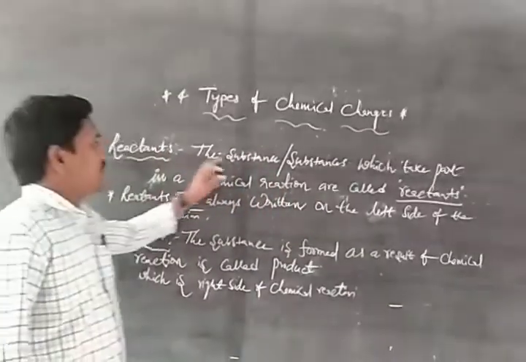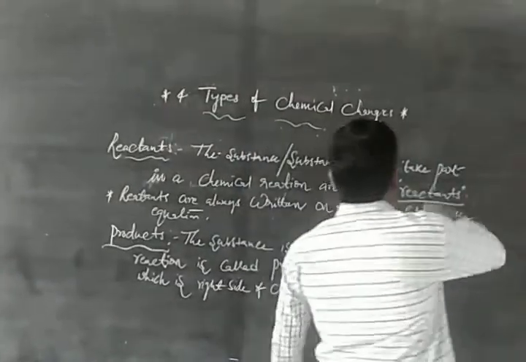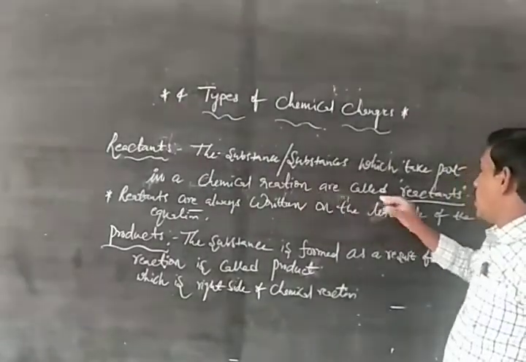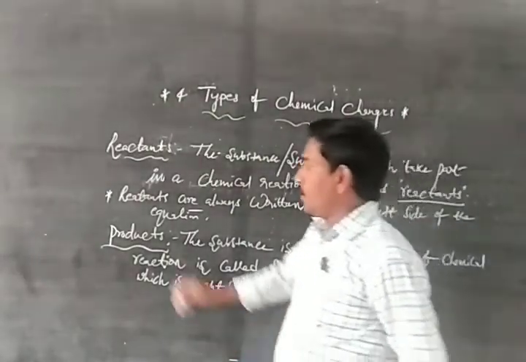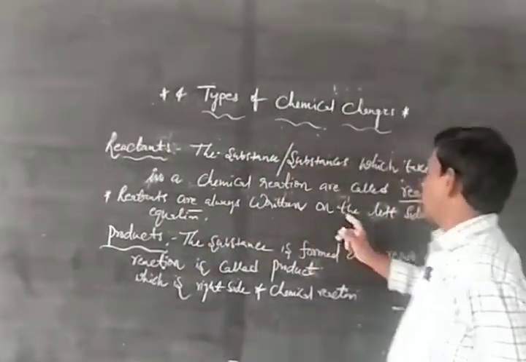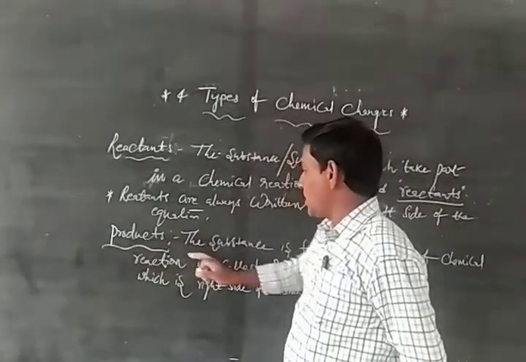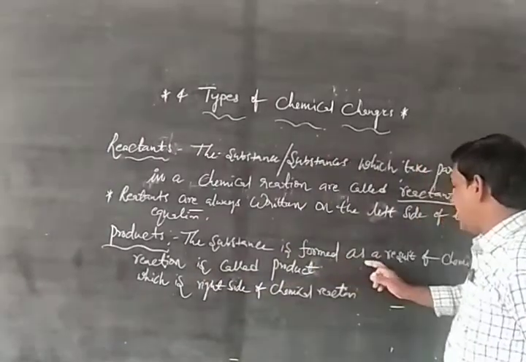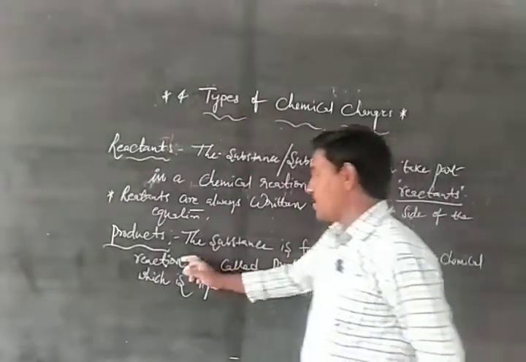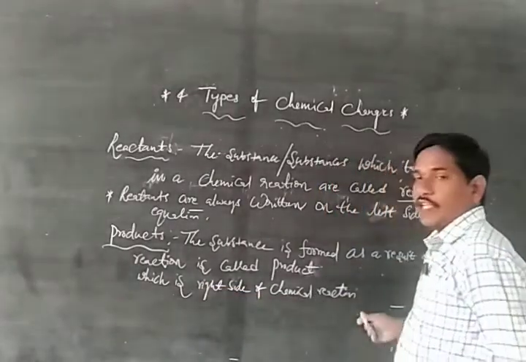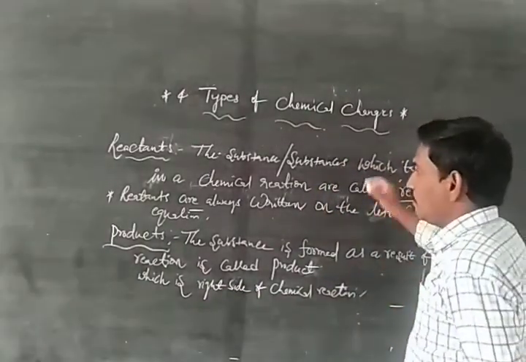So reactants are the substance or substances which take part in a chemical reaction, always written on the left side of the equation. And products are the substance formed as a result of a chemical reaction, on the right side of the chemical equation.